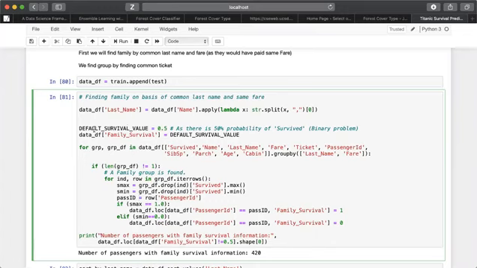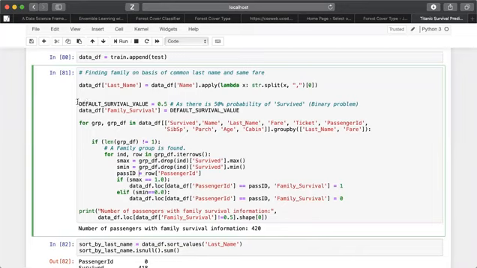Now, like I covered earlier, this is a classical binary problem where the probability for both the events, survived or not survived, is 0.5. First of all, I have made a new data set by appending test to the train, so that I can carry out these functions on both the train and test simultaneously.